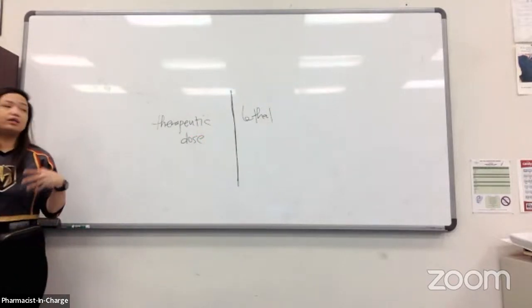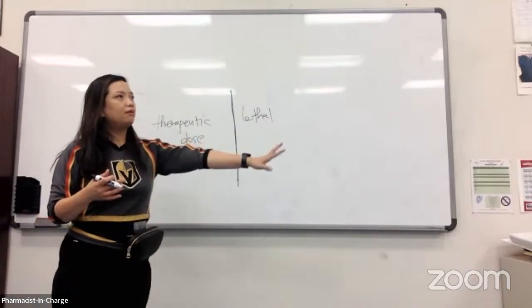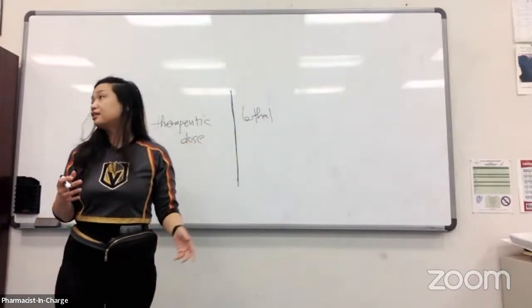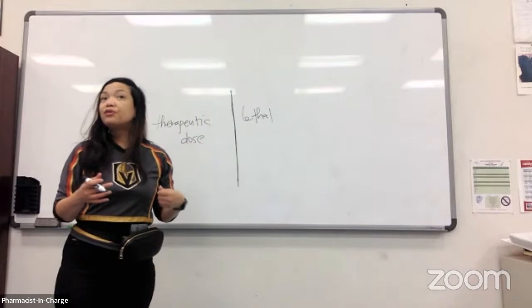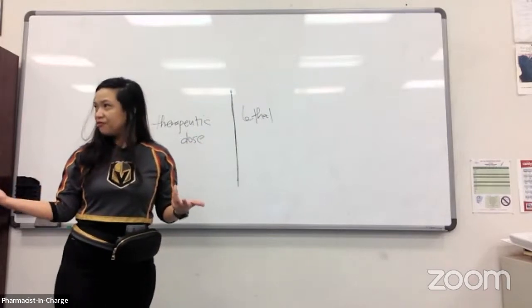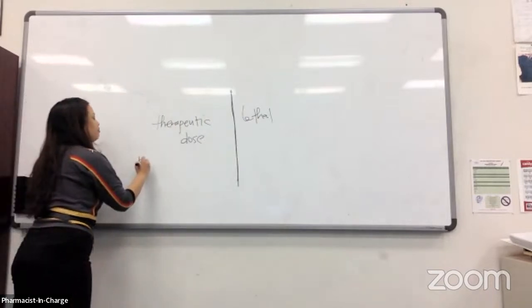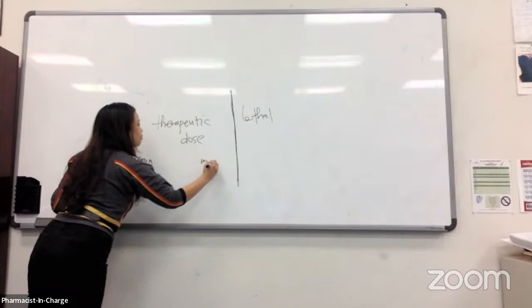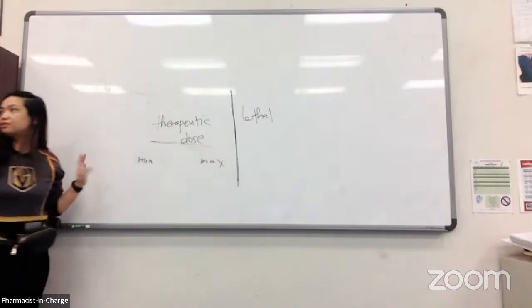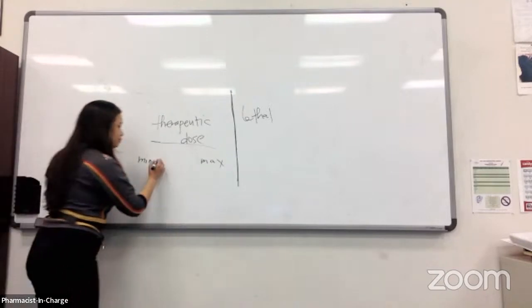On the app Medscape, in monographs and product inserts, it will tell you the minimum effective dose and the maximum effective dose. This is your therapeutic dose, or that's the therapeutic index. You follow?